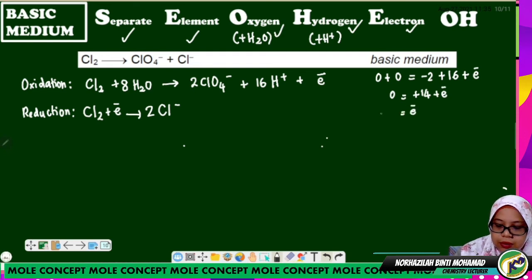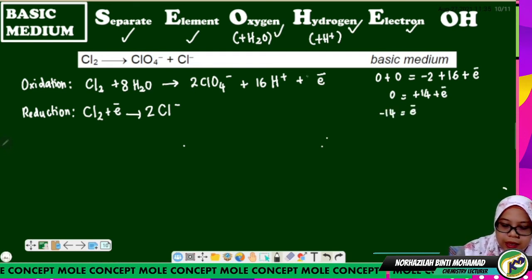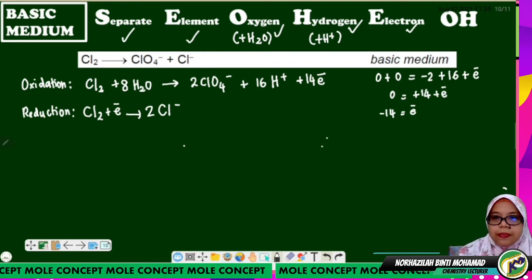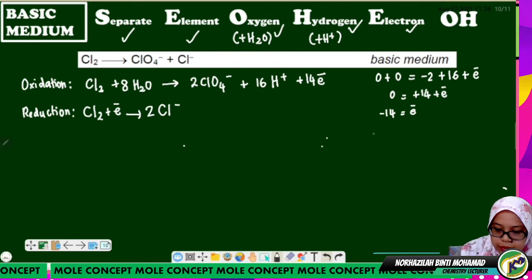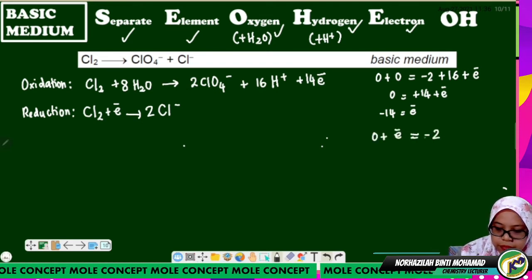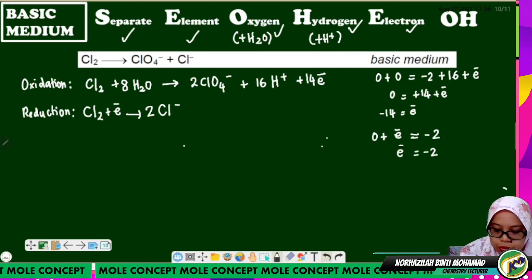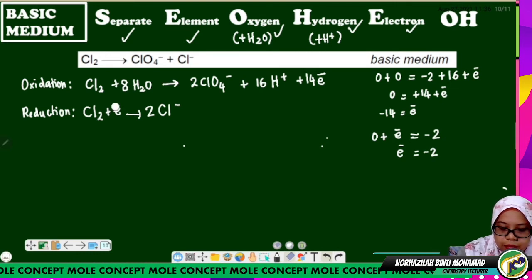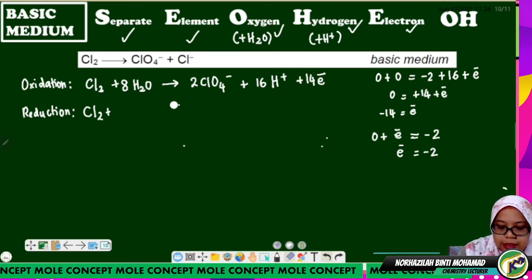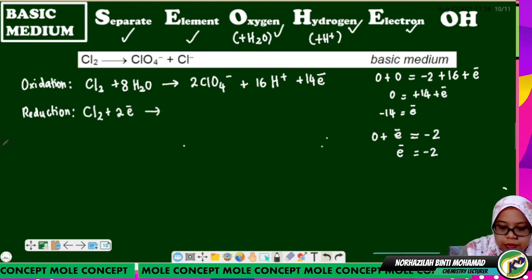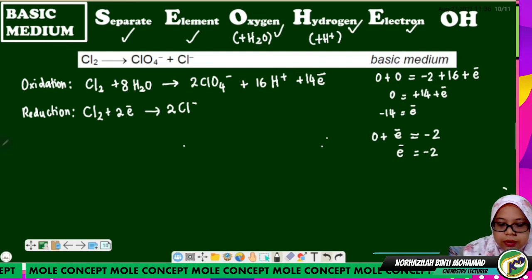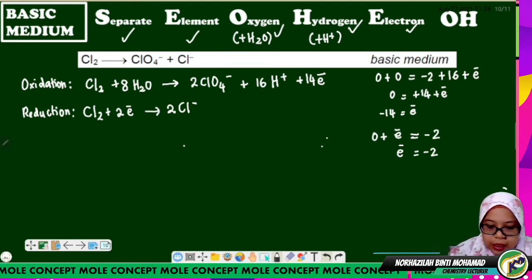So electron equals to negative 14, which means I have 14 electrons here. And then for this one, 0 plus E equals to negative 2. So E equals to negative 2, which means I need to add 2 electrons. So plus 2 electrons produce 2 chloride ions.